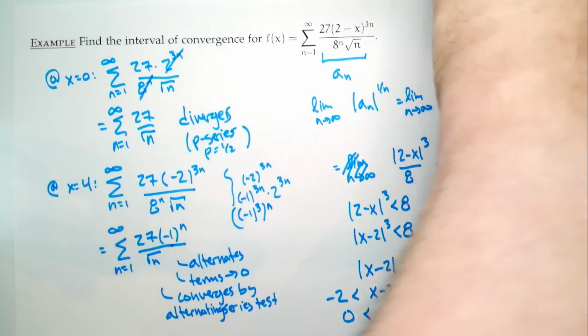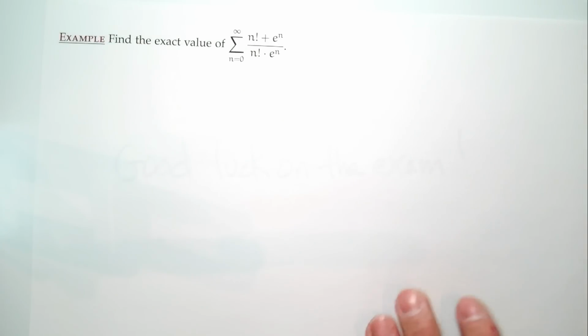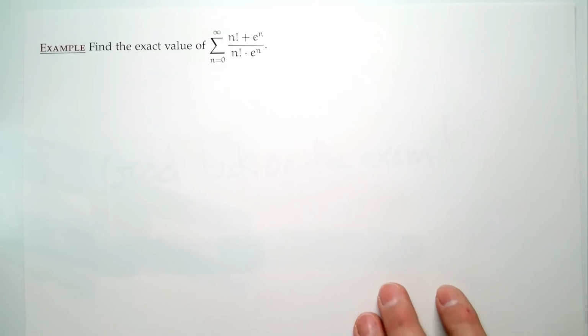All right, our last problem, I think. Find the exact value. Well, we started with a couple of find the exact values, so it's good to end with a find the exact value. So find the exact value of the summation of n factorial plus e to the n over n factorial times e to the n. Well, that's interesting.